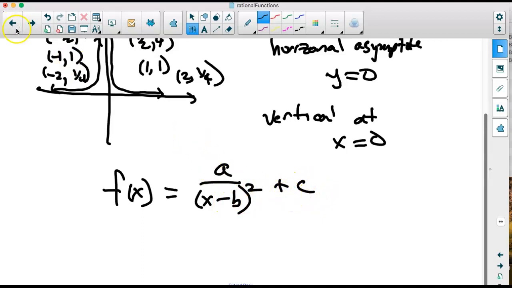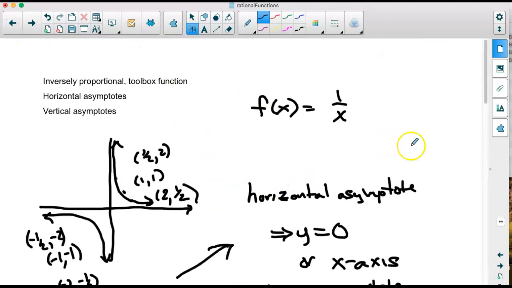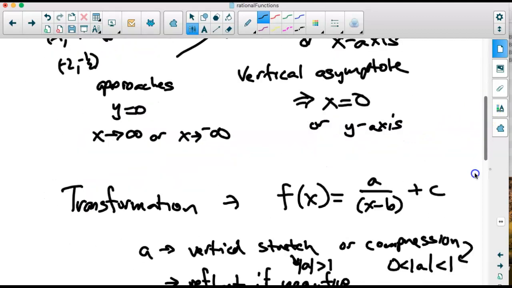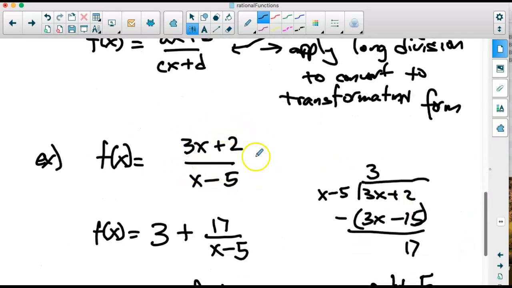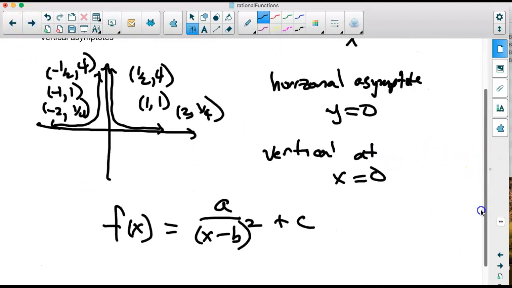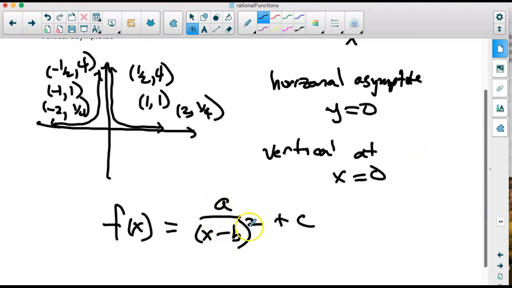So it's the same as the other one here, but the graph is going to be up here instead, or it's going to be branched in the lower quadrants if it's negative. We don't have something like this specifically for this second function because we have to have a perfect square down here, and not always does it factor that way when we have a function that has x squared on the top and x squared on the bottom.